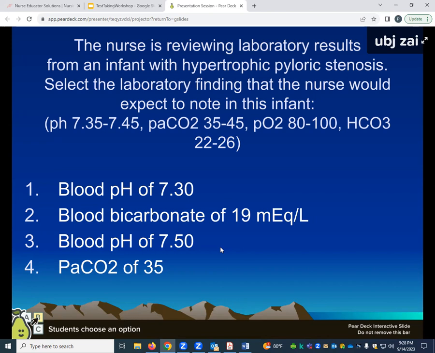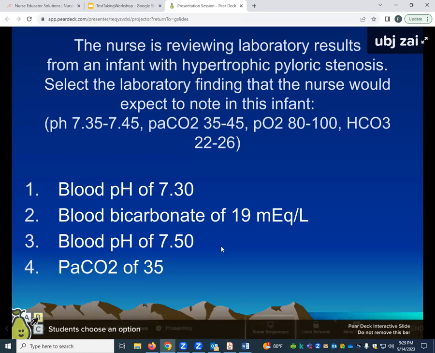And then all of a sudden that baby's going to start throwing up and we're going to have projectile vomiting. So think about what happens when anybody throws up, you're losing whatever food, formula, breast milk might be in that baby's stomach, but also you're losing acid, gastric acid. So when you lose acid, you're going to go into alkalosis.